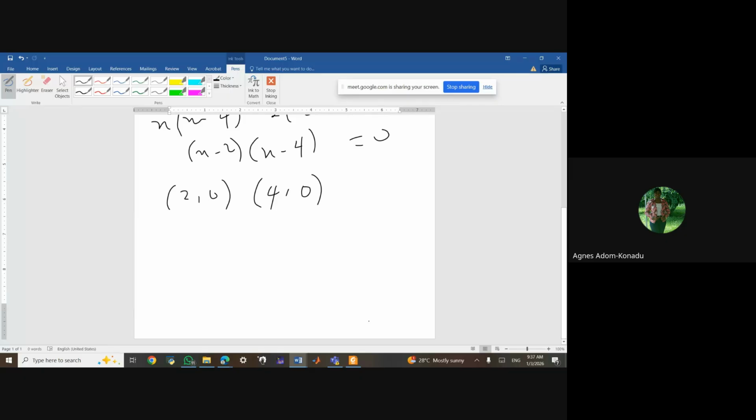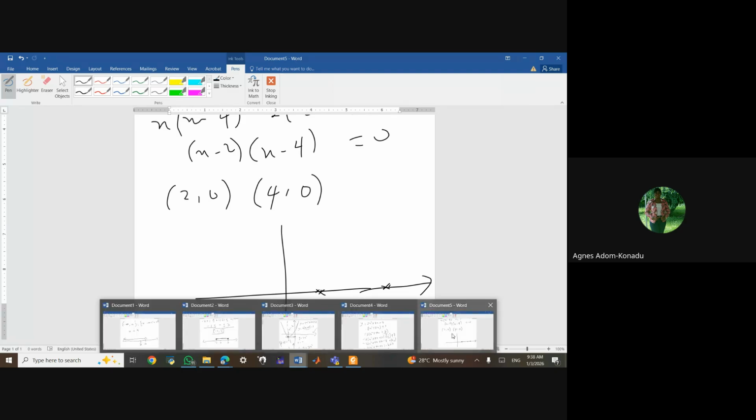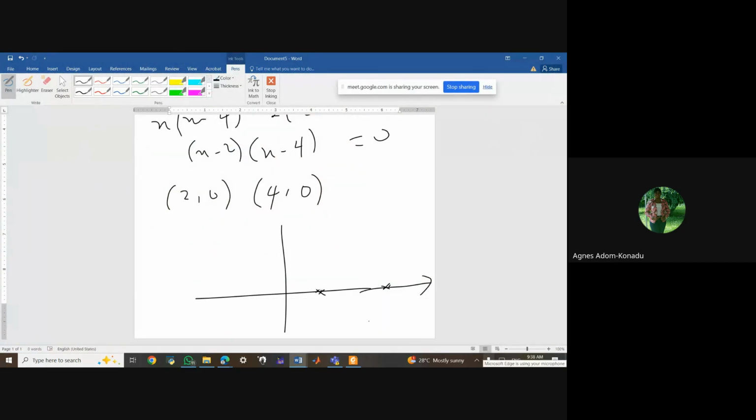So to sketch this graph, I know that I have two intercepts, (2, 0) and (4, 0). And then the vertex, what did we get? Is it (3, 1)? We had (3, 1), right? So 1 is somewhere here. Yes, madam.